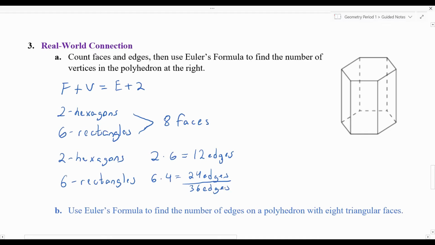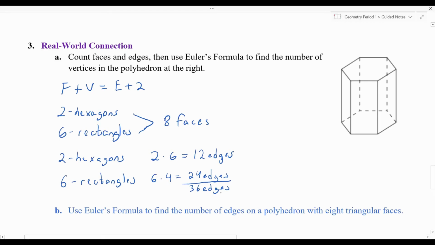Okay, but we have to do something here. It's 36 edges, but this method of calculating the edges has a little additional step. When I count this, I'm counting the edges twice. I'm counting the edge of the rectangle meeting the hexagon, and the hexagon meeting the same edge. So this calculation shows that the edges are counted twice.